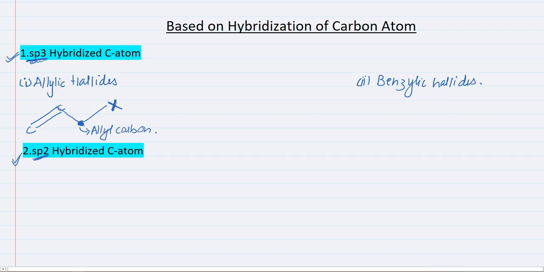Or if you take another structure, with your chlorine atom attached here, we will call it 1-chlorobutene. 1-chloro, this is at your first position, and there are 4 carbon atoms present, so this is your 1-chlorobutene.